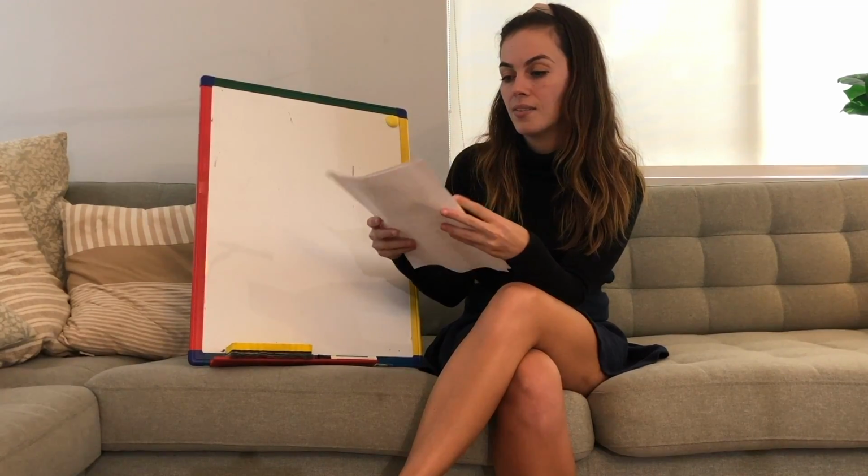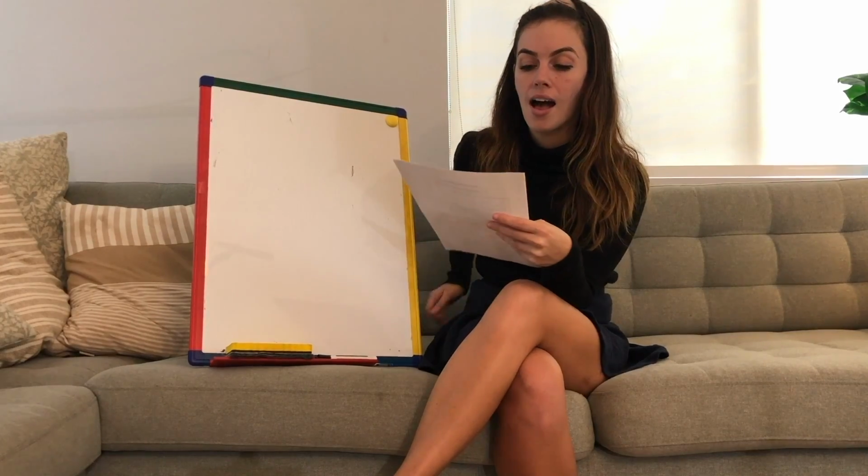Ready? Okay. If you need me to read anything again, I can. Number 12. On what date was the Declaration of Independence signed? A, July 4th, 1775. B, July 4th, 1776. C, July 4th, 1777. D, July 4th, 1976.